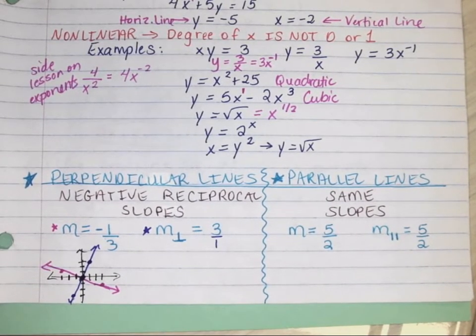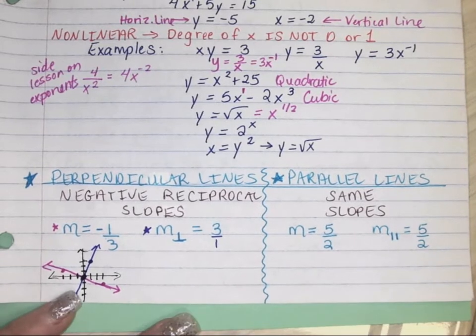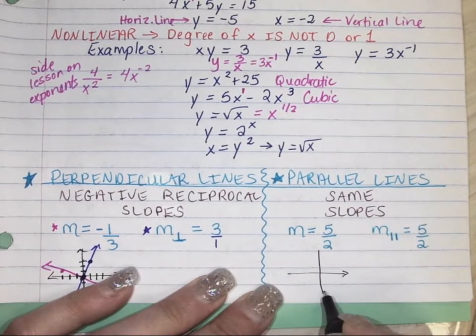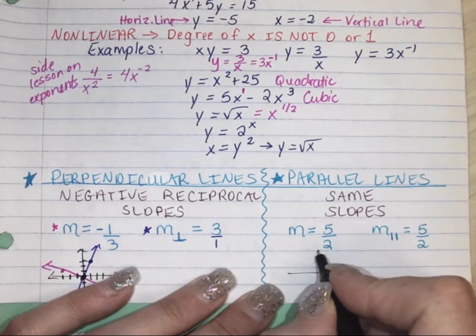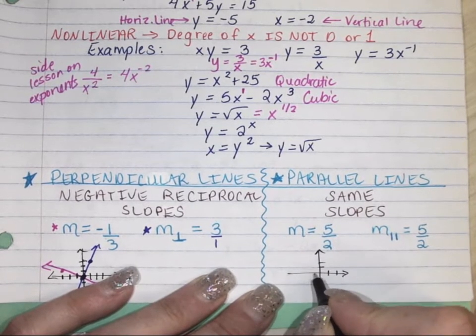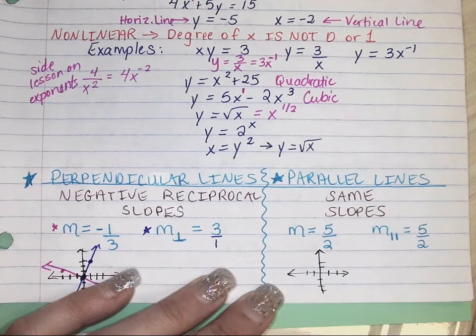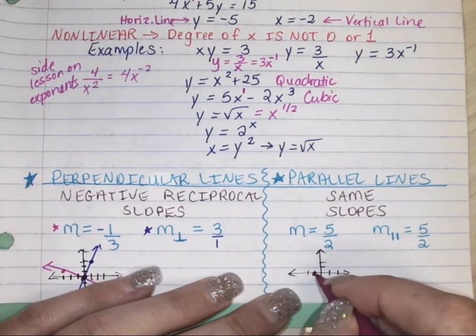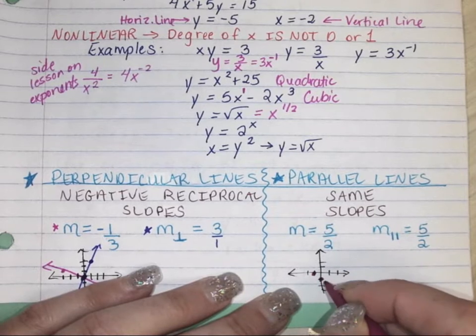Parallel lines are easy because, of course, they have the same slope. Say I graph a line here that has a slope of negative 1.